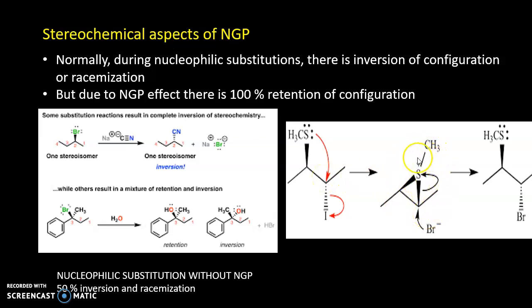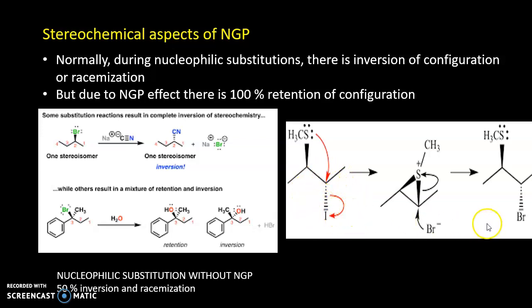This is the bridge ion intermediate, the sulfonium ion intermediate. Now the external nucleophile is bromine. It will attack from the rear side because this is present on the upper side, and the product is formed like this. So see here the stereochemistry. Bromine has the same stereochemistry as iodine had in the starting material.